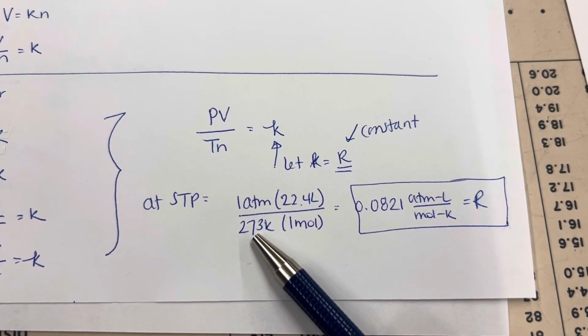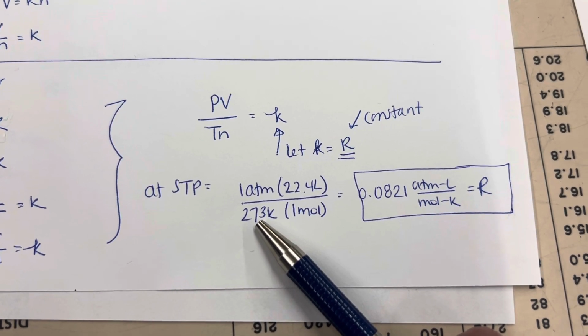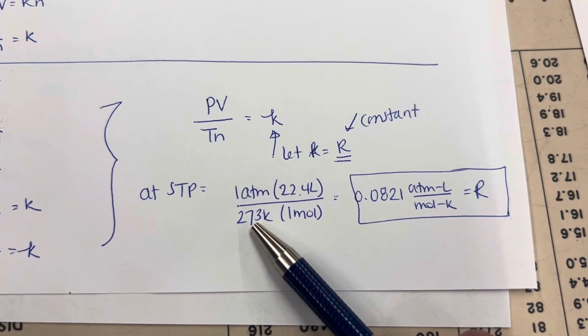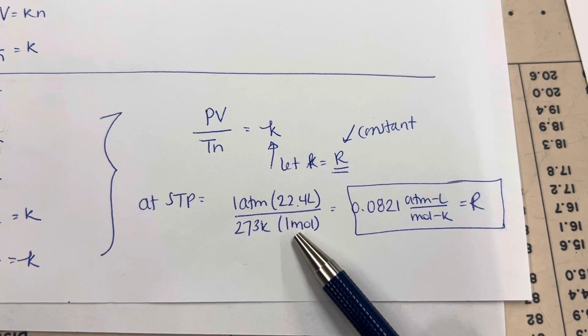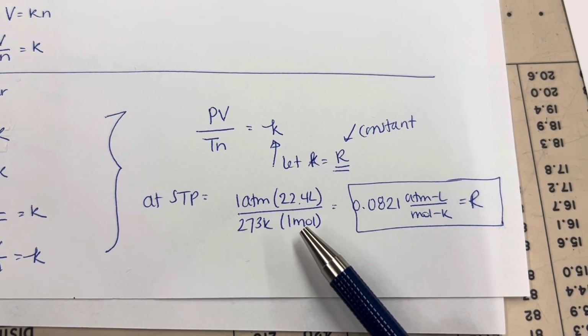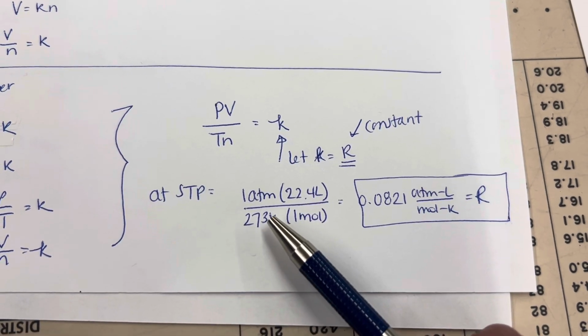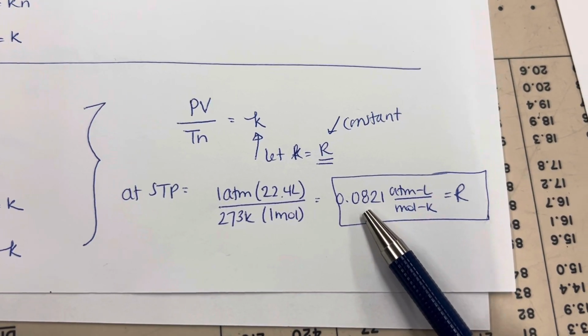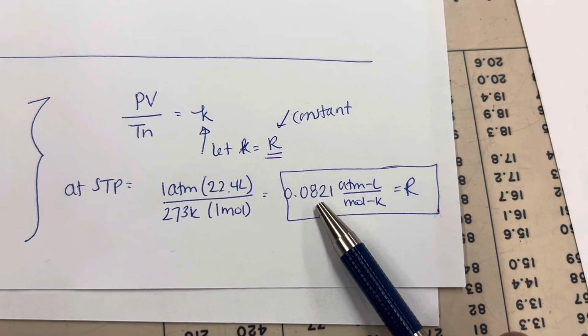We divide by the standard temperature, which we learned to be 273 K, or 0 degrees Celsius, and then we need the standard mole, and we always set the mole equal to 1. So basically what we're going to do is take 22.4 and divide it by 273 and get 0.0821.